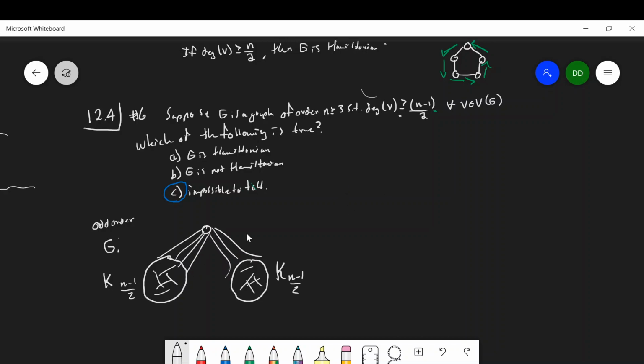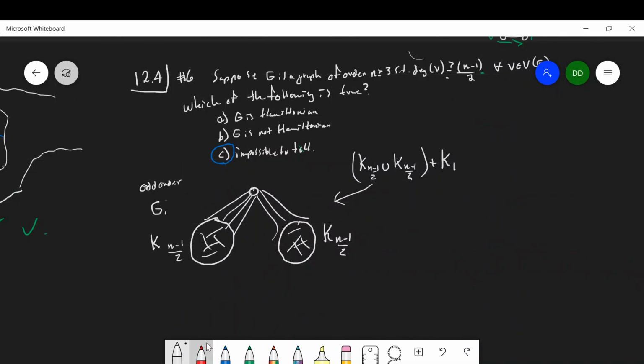So what we're actually looking at here in terms of operations between graphs is K_{(n-1)/2} union K_{(n-1)/2}, and then joined with a single vertex, so K_1. So I could write this graph, that's the same thing as this. Notice the degrees of every vertex.